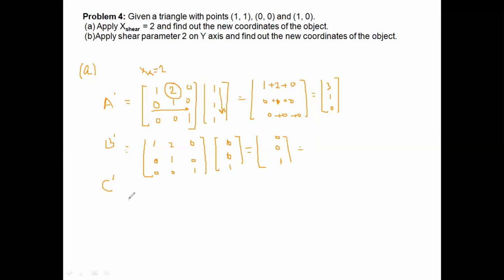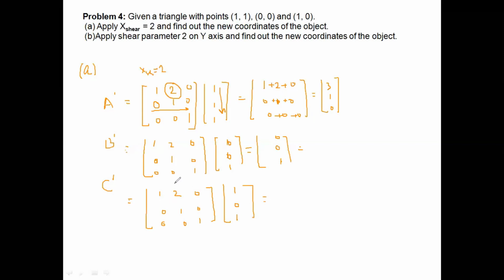For C dash, we have 1 2 0. The coordinates for C dash are 1 0 1.